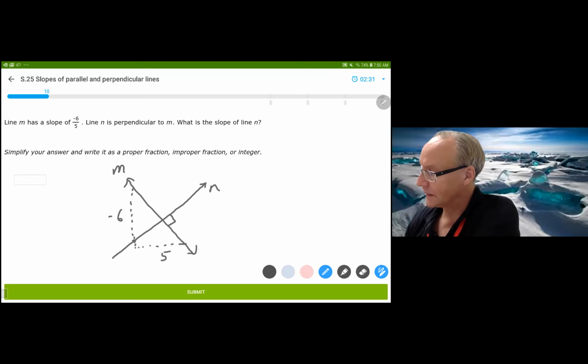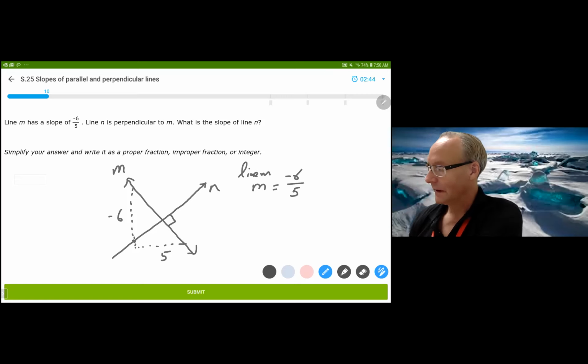So the way we write them is that M has a slope of -6/5. That's the slope of line M. I should have written slope because of the M, but oh well.